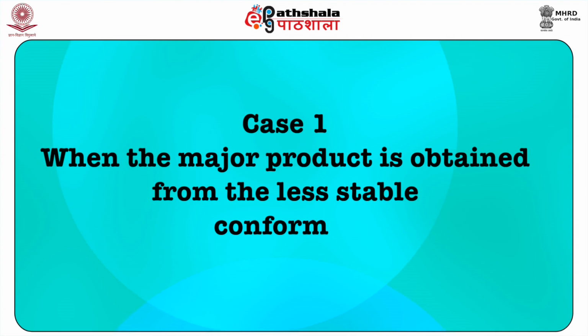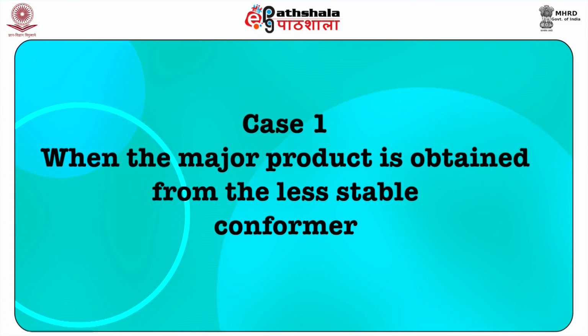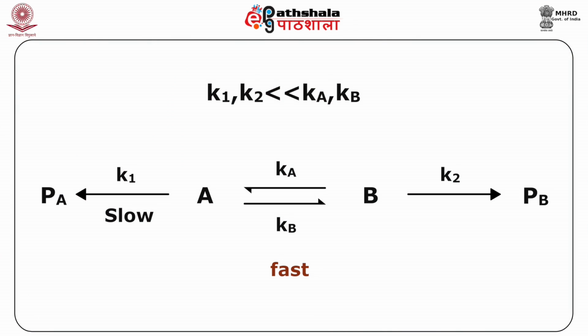Case 1: when the major product is obtained from the less stable conformer. If the rate of conversion of either of the two conformers is faster than the reaction rates, conversely, if the rates of reactions are much slower than the rate of interconversion, that is, delta G AB is much smaller relative to delta G1 and delta G2, then the ratio of A and B is constant throughout the course of reaction.